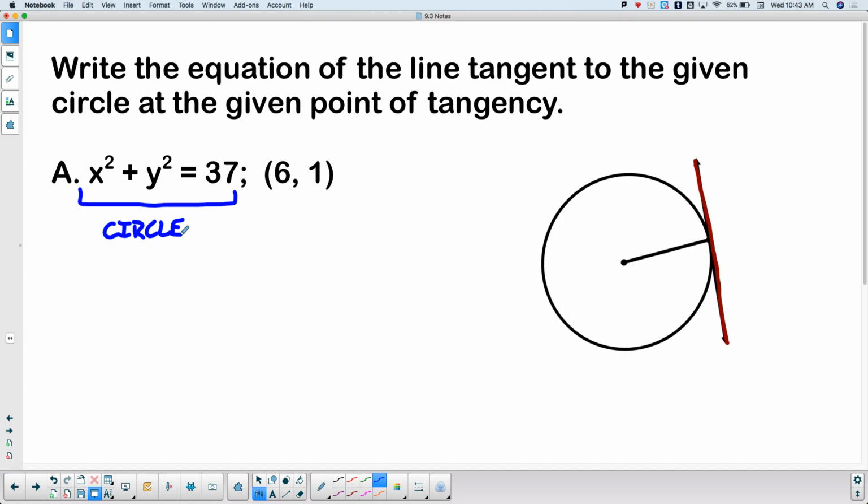It has the square root of 37. What has a square root of 37? Circle. But what is that? Bailey, what is the square root of 37? Or what can you tell me that you know about this circle?